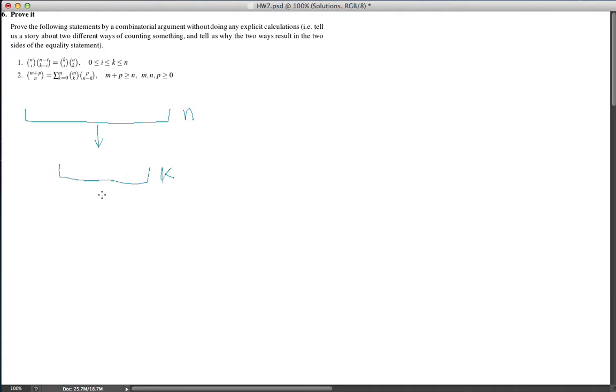And then out of those k we are going to select i members who are going to be, let's say, senior board members. So we have senior board members here, we have board members, and then here we have our general population.